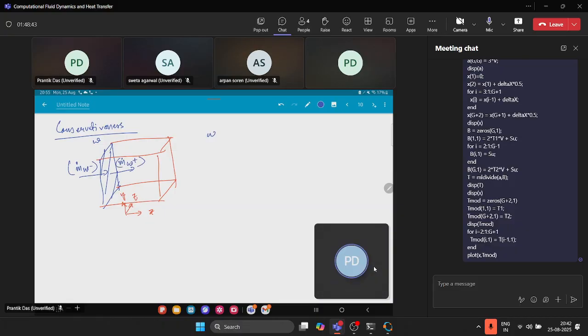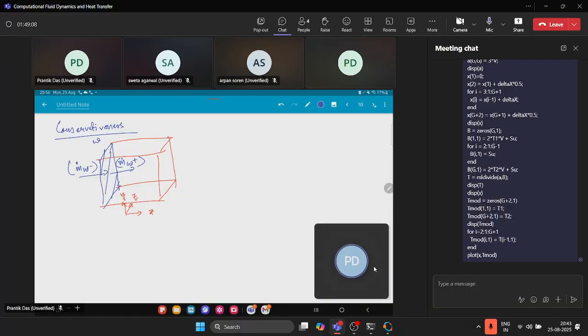So w plus actually means at the right hand side of the face itself, and w minus actually means the left hand side of the face. So the mass which is entering per unit time from the left hand side of the face is basically the same as the mass which is leaving, per unit time at time t. So is it clear to all of you?